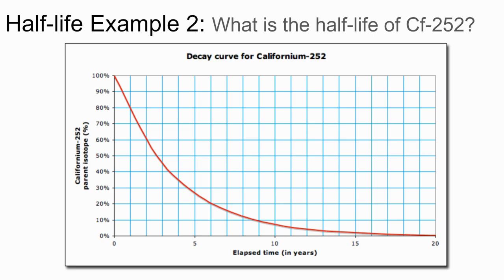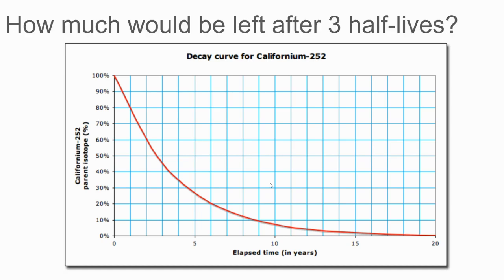Okay. All right, let's use another question for this graph. How much would be left after 3 half-lives? Good. Yep, so after 1 half-life, we're at 50%. After 2 half-lives, we're at half of 50, which is 25.